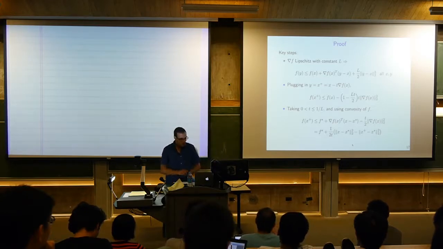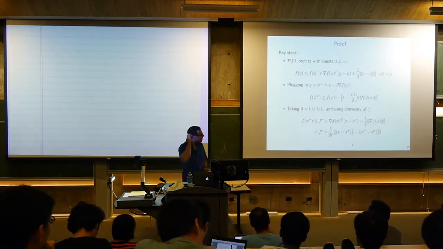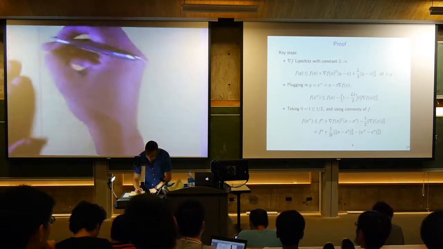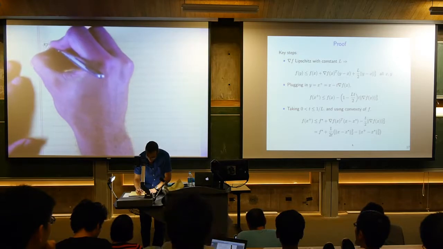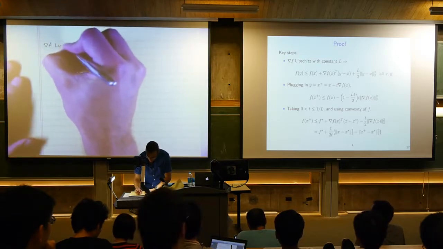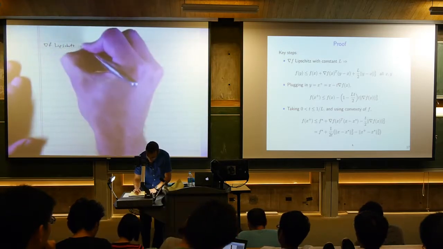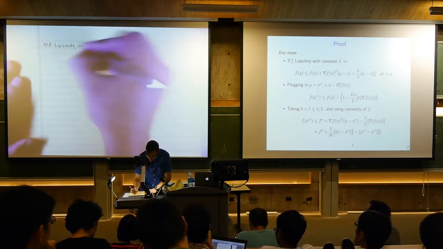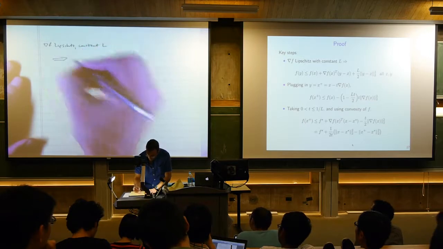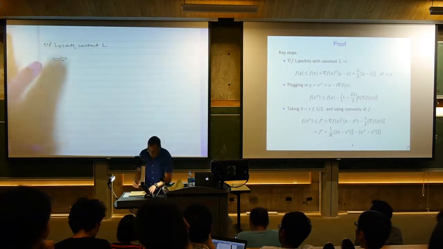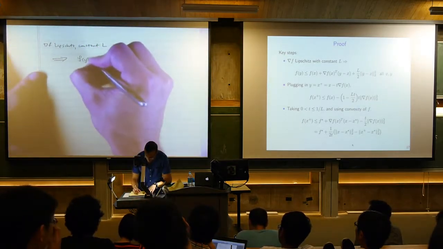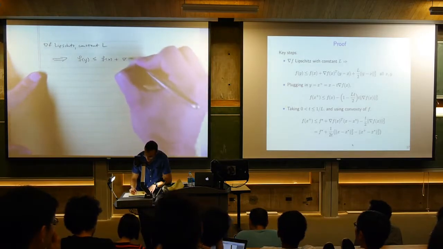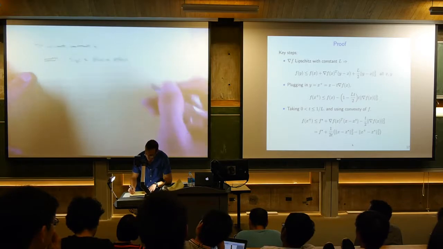I have a proof outline on the slides, but I'll do it in more detail on the piece of paper. The first step we use is that because grad f is Lipschitz with constant L, we know from homework 1, remember you proved this, that we can essentially upper bound f by a quadratic at any point.